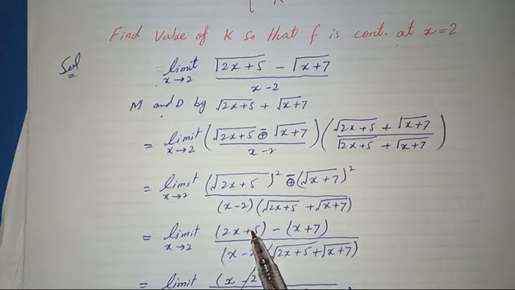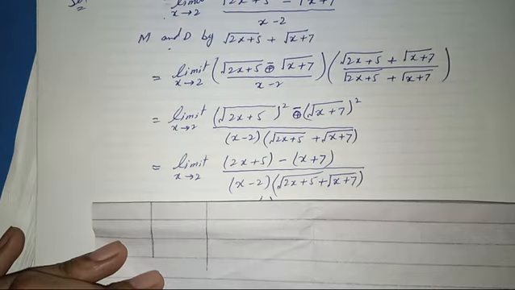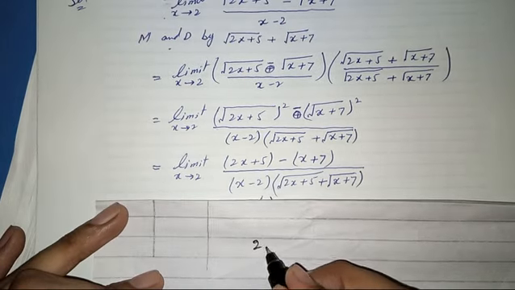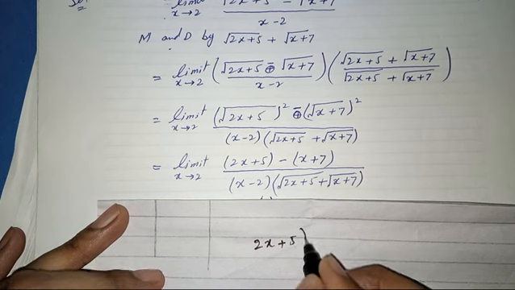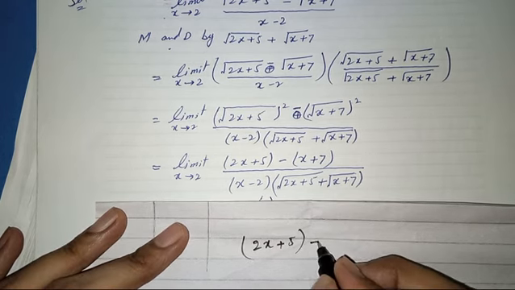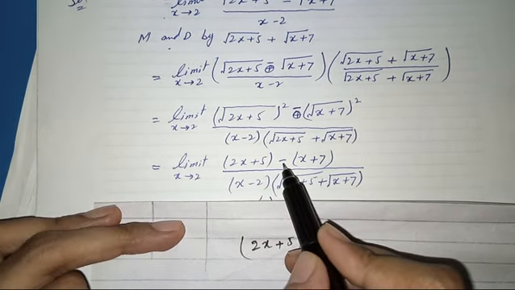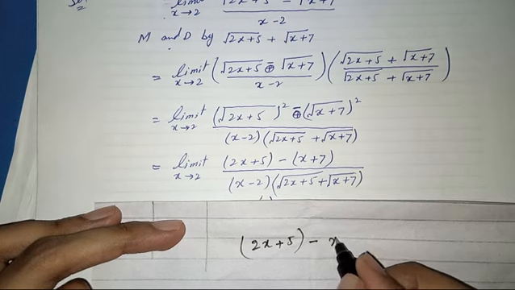Now open the brackets in the numerator. When you have opened the bracket, 2x plus 5, there is no multiplication, there is a minus sign, minus x plus 7.